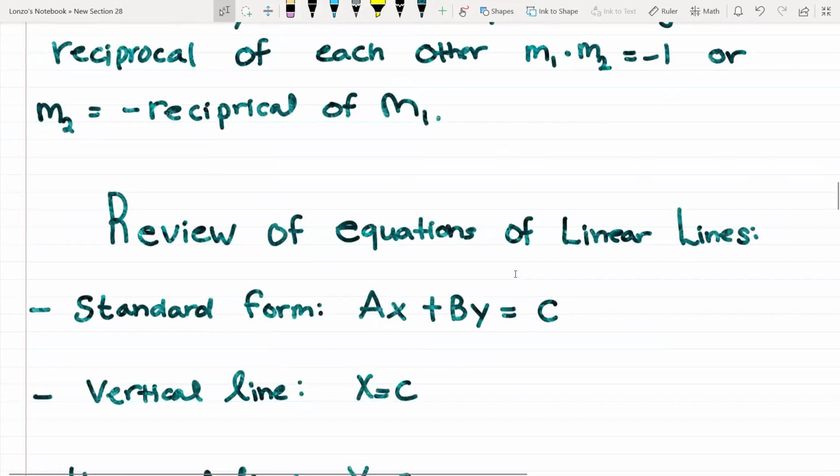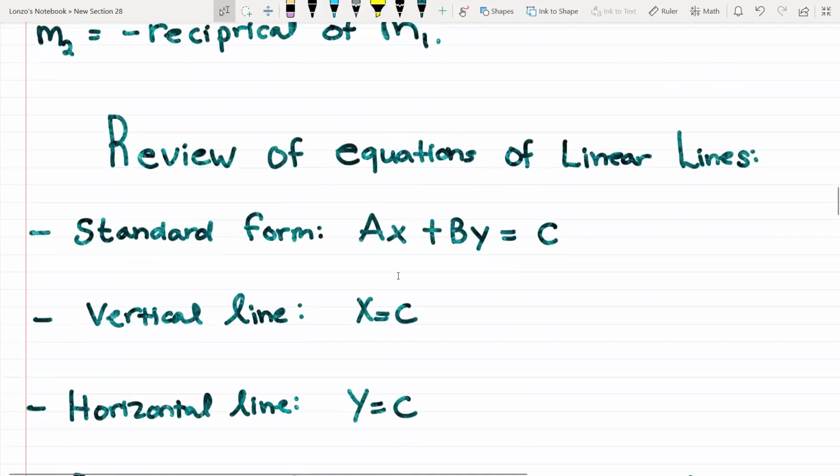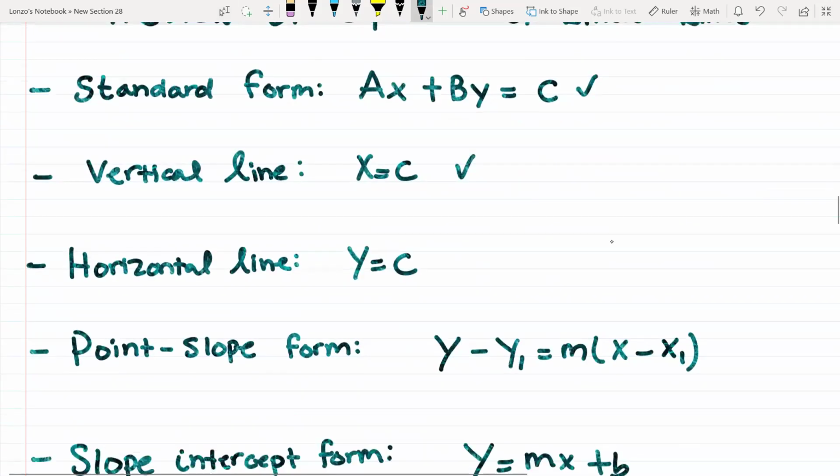Here's some review of equations of linear lines. Standard form is ax plus by equals c. This is a linear line. A vertical line is still technically a linear line, and that would be in the form x equals a constant. A horizontal line is still a linear line, and that's in the form y equals c.